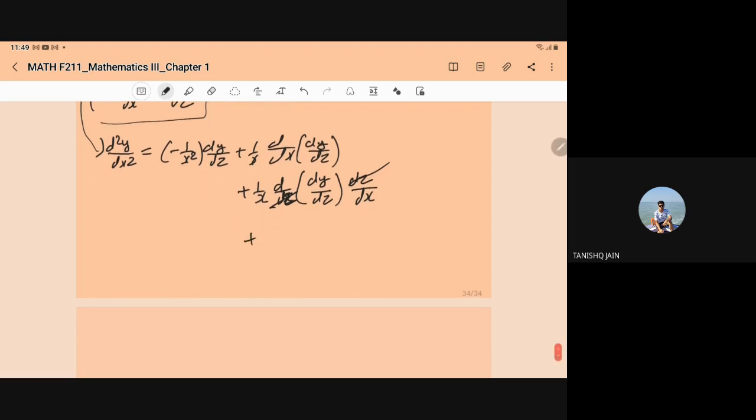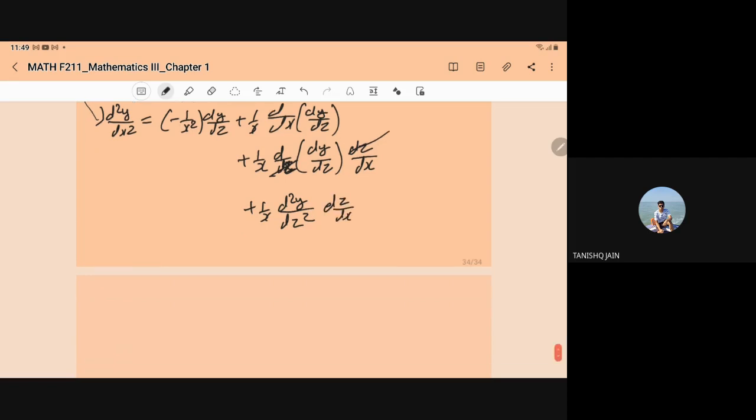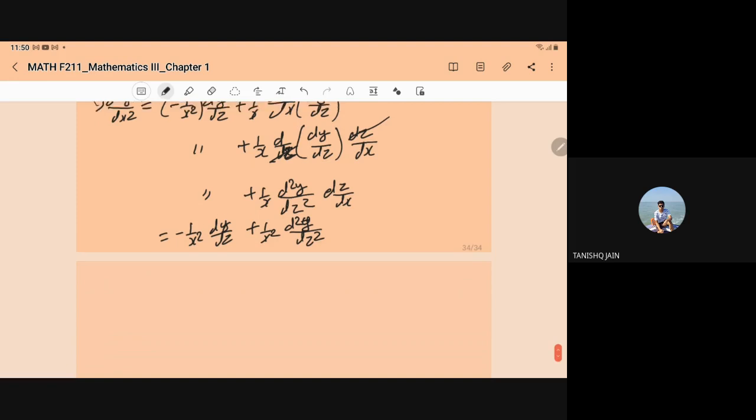So this can be written as 1 upon x d2y upon dz2 into dz by dx, and dz by dx is 1 upon x. So this will become 1 upon x square d2y upon dz2, and minus 1 upon x square dy by dz. So that is d2y upon dx2.